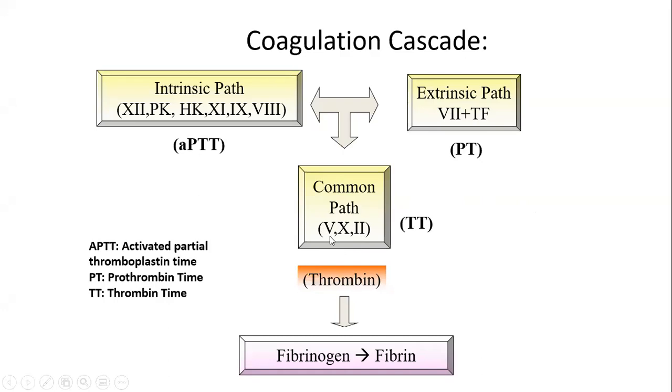For fibrin production, later fibrins are disintegrated by the fibrinolytic system, and that can be signified by the presence of fibrin degrading products or D-dimer. So this test will define the functioning of the fibrinolytic system.